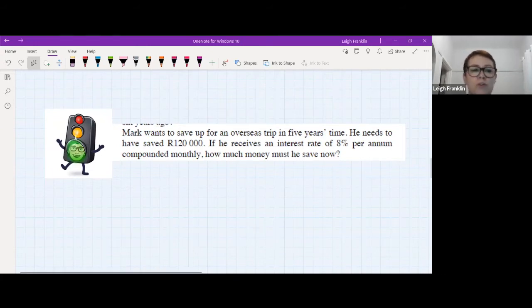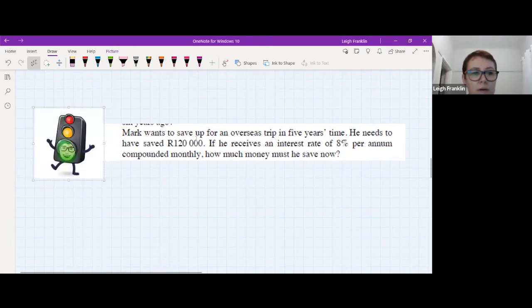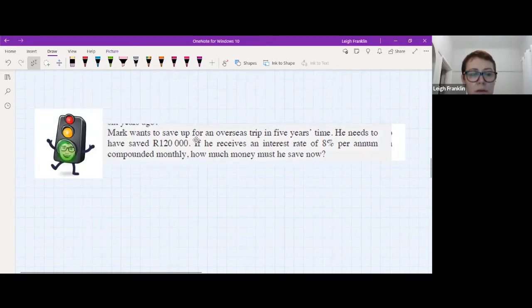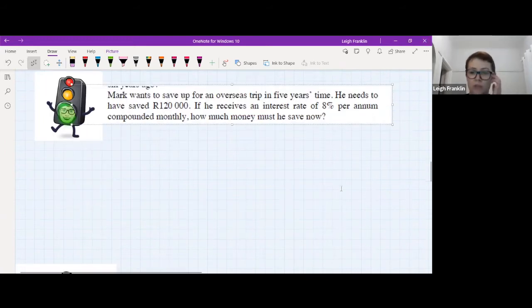Okay, so what do you guys think we should do here? Anyone got any ideas? So we're still working with compound interest. We work out P, absolutely.